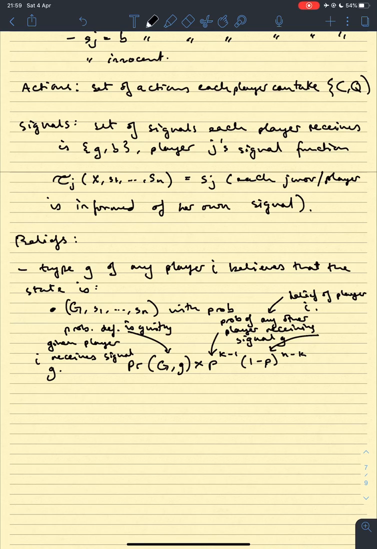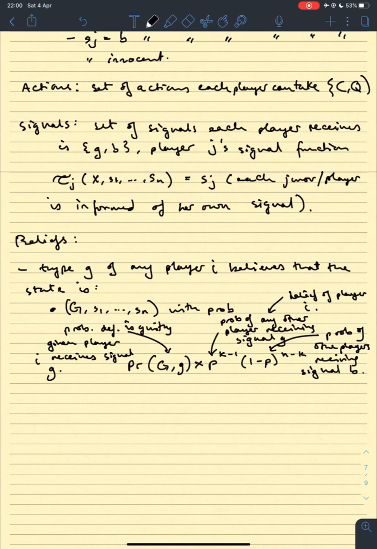And 1 minus p is the probability of other players receiving signal B, given that the true state is G, or given that player i believes that the true state is G.